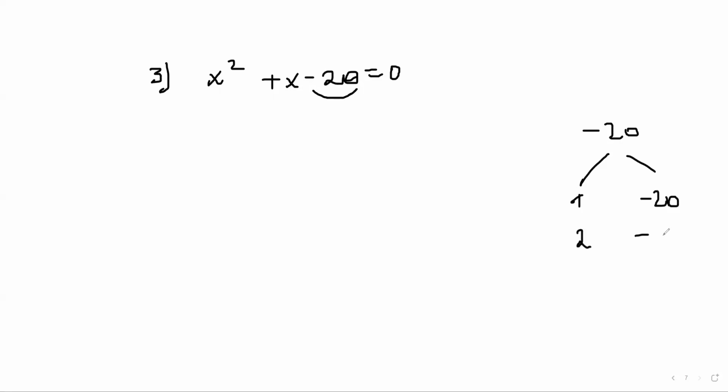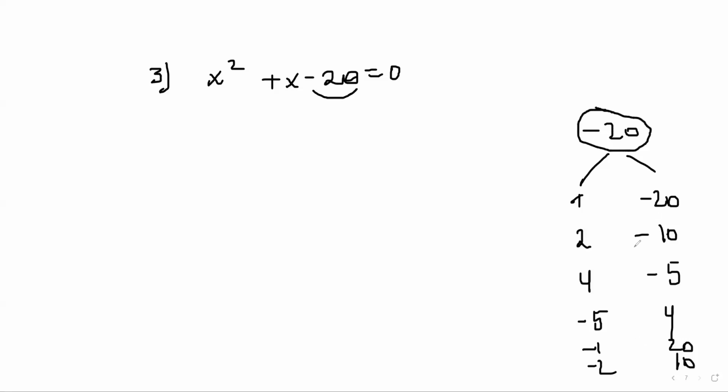So 2, minus 10, or we can get 4, minus 5, or minus 5, 4. Also, we can have minus 1, 20 and minus 2, 10. All of these products give us minus 20.